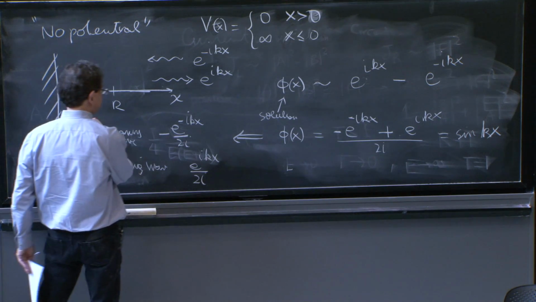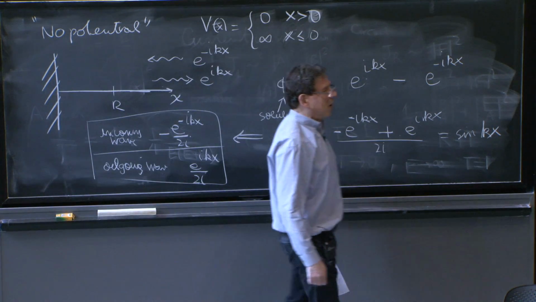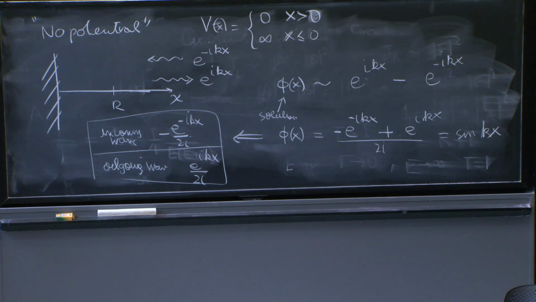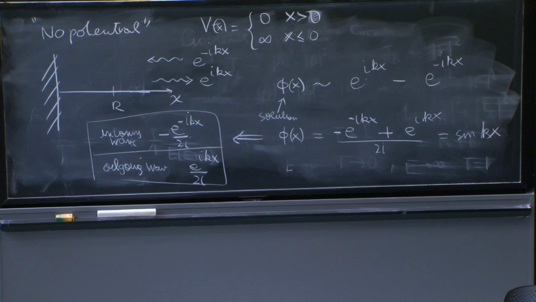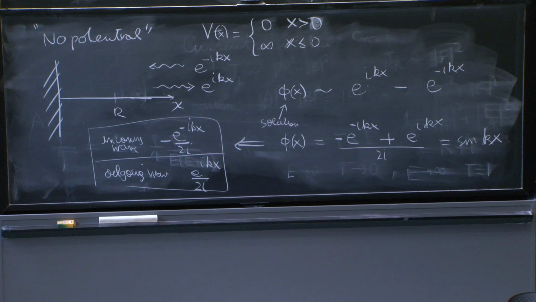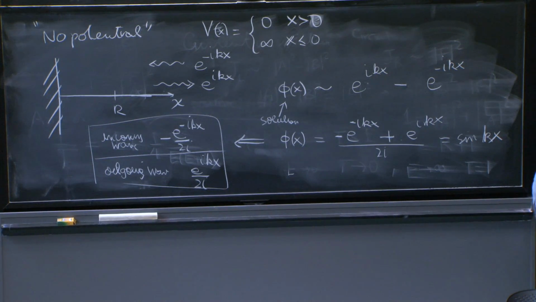So this is the representation of the solution when nothing is happening. And the good thing about this solution is that it gives us an idea of what we should write when something really is happening.